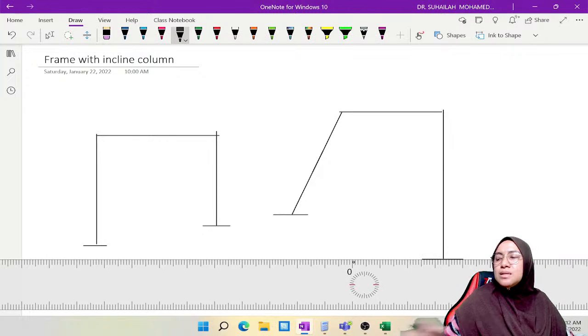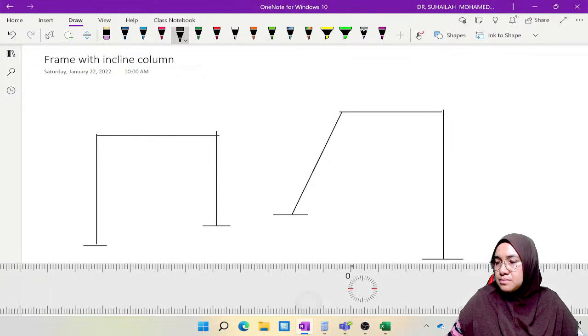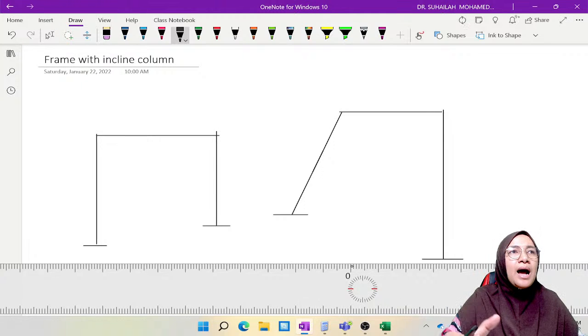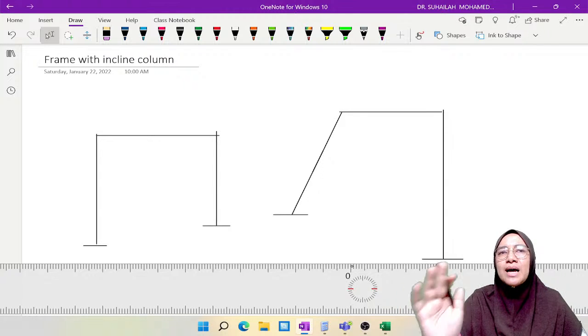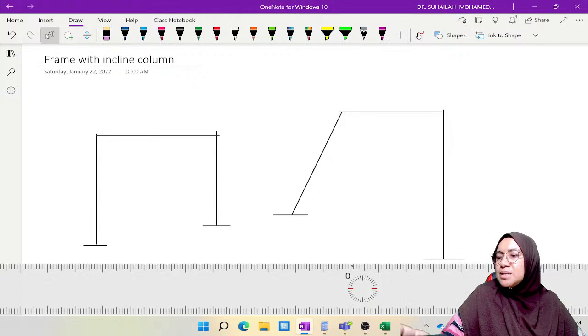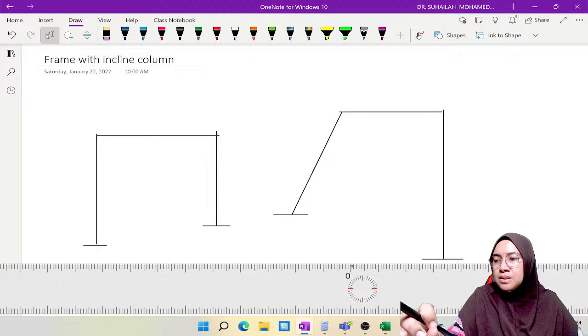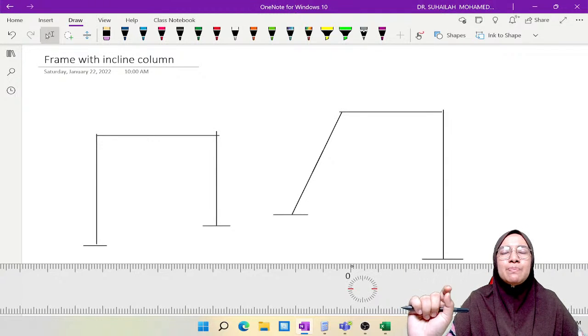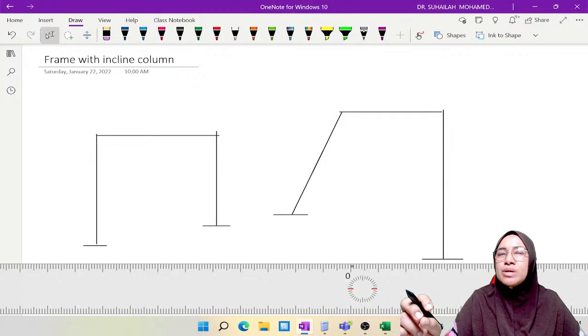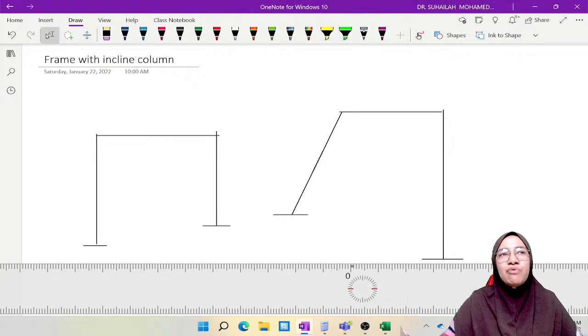So it doesn't matter how the column looks. What is most important is that we must understand that between the column and the delta, it must be perpendicular. Beam will only follow. We focus on the column first.